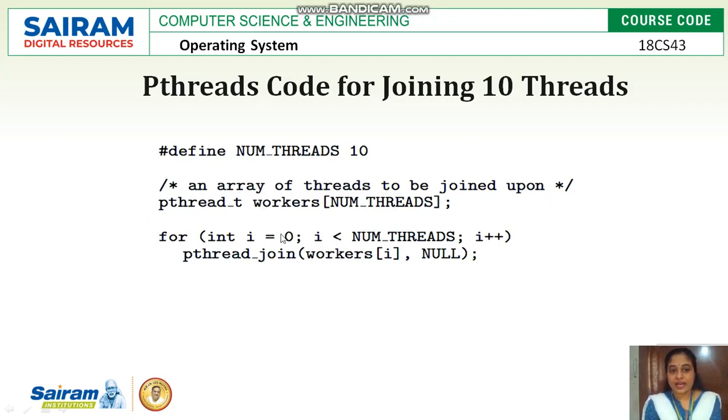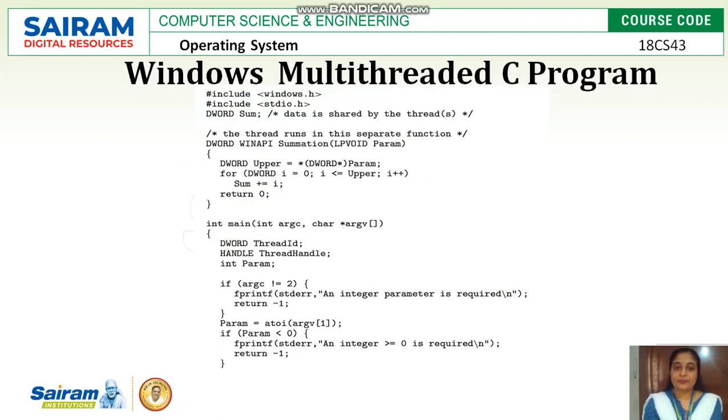For i equal to 0, i less than NUM_THREADS, i++, pthread_join(workers[i], NULL), where the number of threads is defined as 10. So the for loop will run from 0 to 9, where 10 threads can be joined in one or two statements.